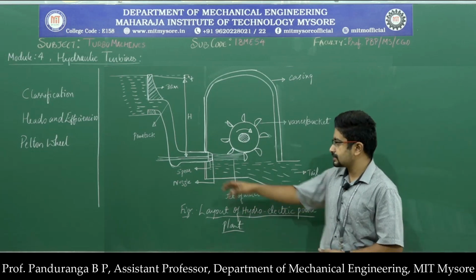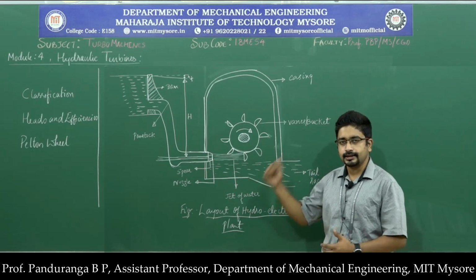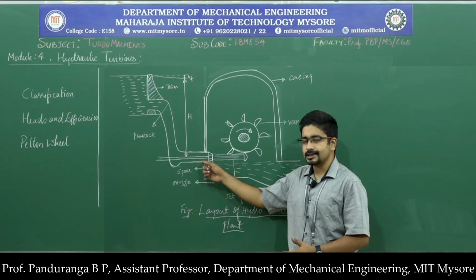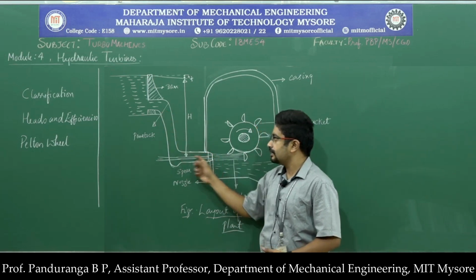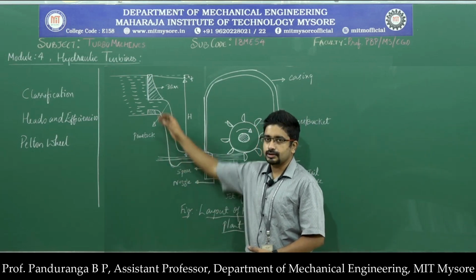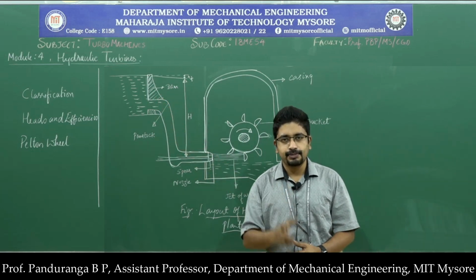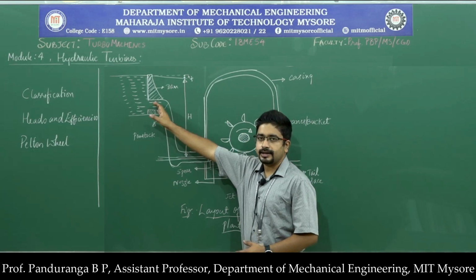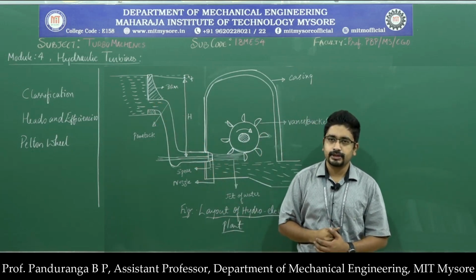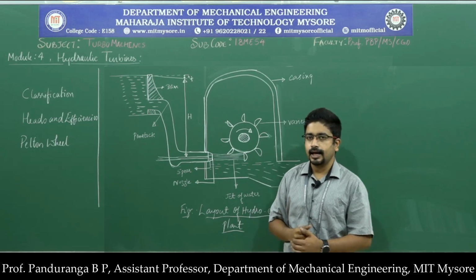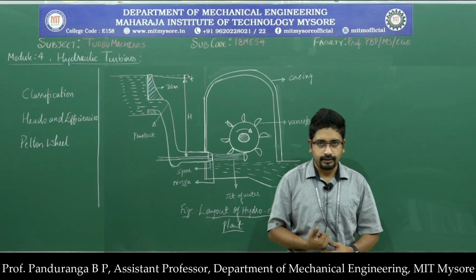So for that purpose, to have a fine control over the amount of water entering the turbine, we have the spear. And water enters this nozzle through the penstock. So penstock, as I had spoken earlier, is the pipe connecting the dam and the turbine. Penstock will be present for all kinds of turbine, and the size of the penstock depends on the amount of water available.